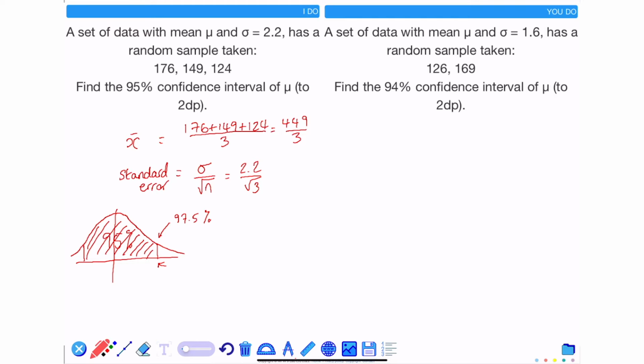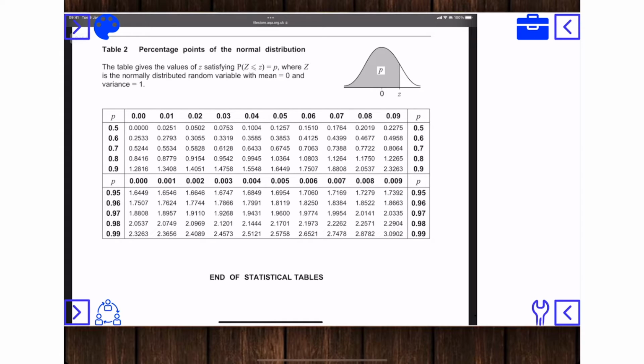We can do this by using the inverse table so that we can work out that for a given probability, the probability that Z is less than (x minus x bar) all over the standard error would be 0.975. So looking at my inverse table, probability is written down the left hand side and in bold going across.